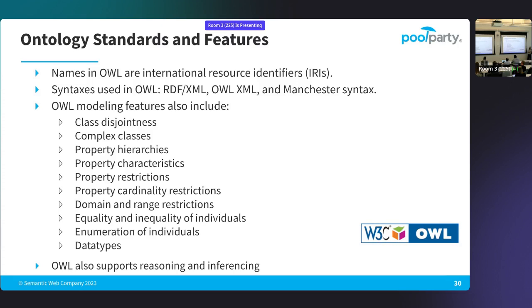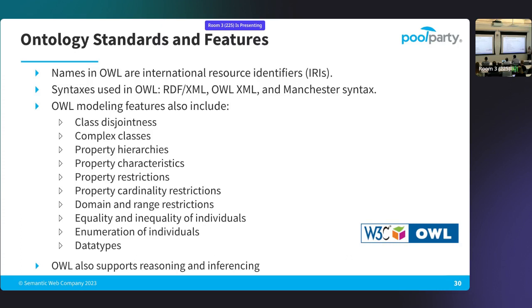And there are other features, not just what I showed you on the previous page about individuals and entities and classes and relations. You can specify class disjointness, where classes are mutually exclusive, so something can only belong to one. Or you can create complex classes and hierarchies of properties, not just hierarchies of classes where it's class, subclass.